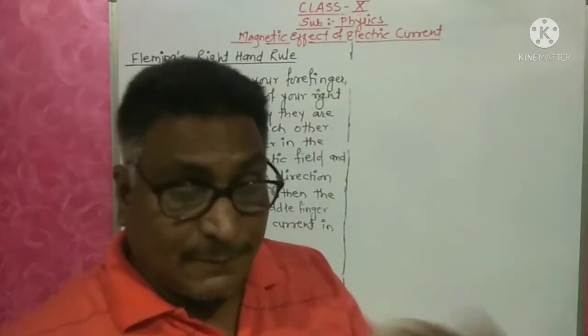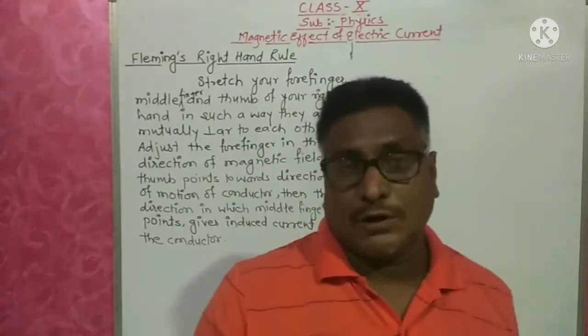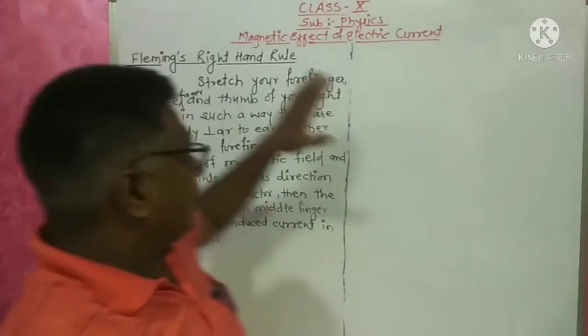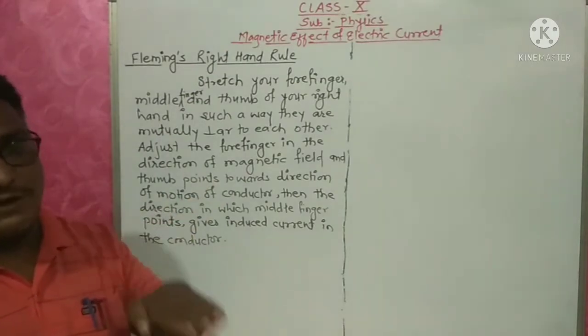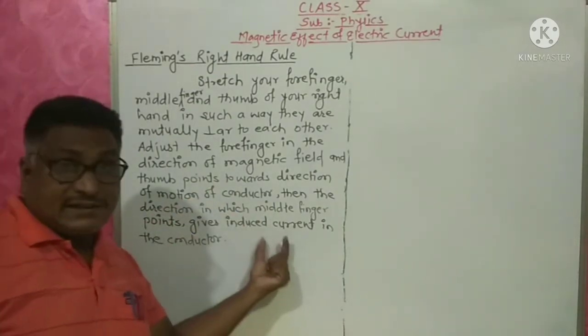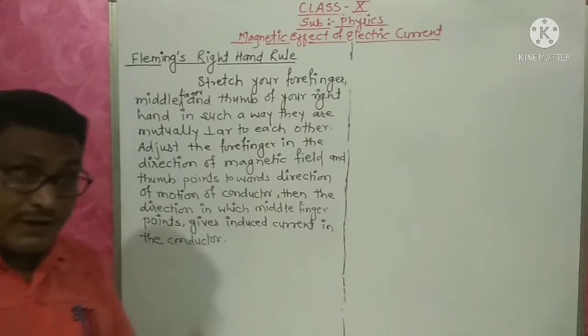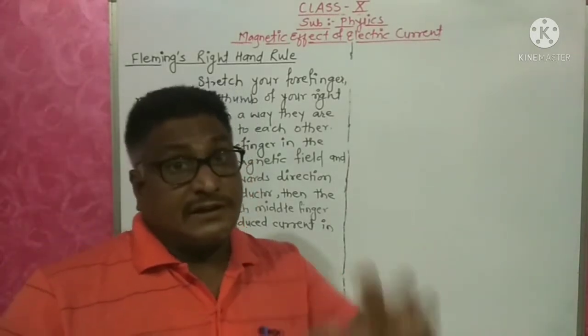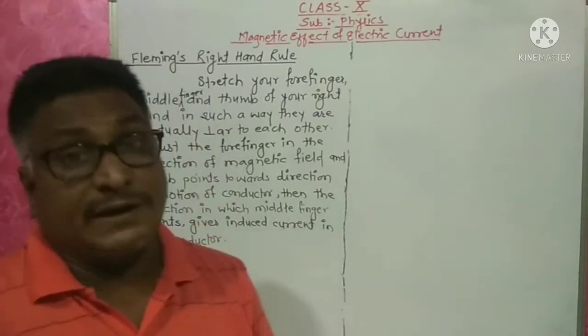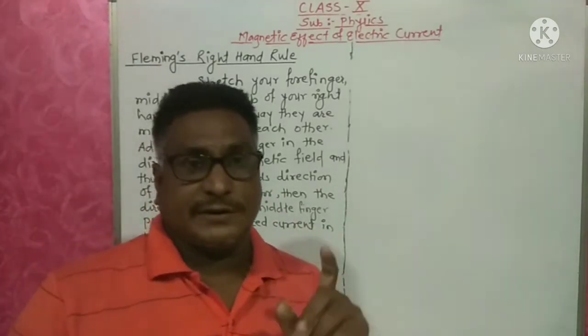So the left hand rule is used in the electric motor. Now the right hand rule we use in the generator, because here current is generated. The equipment or instrument in which electricity is generated is called a generator.